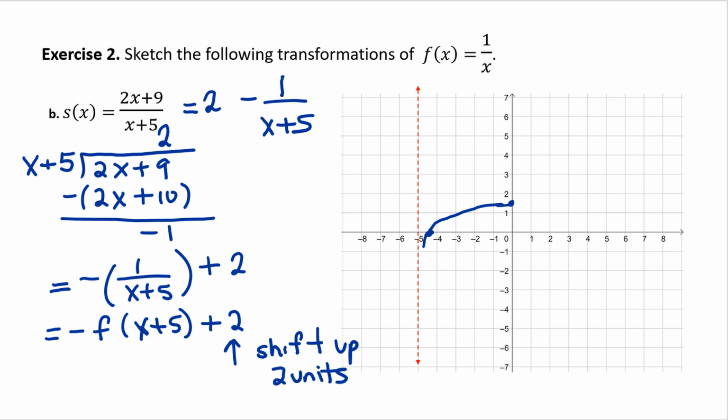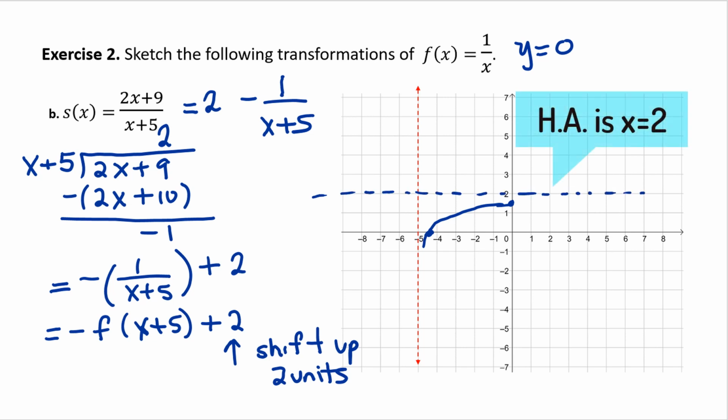So for the horizontal asymptote, for the function f of x equals 1 over x, remember the horizontal asymptote was the x-axis, so that was y equals 0. The shift up 2 means we take that horizontal asymptote, move it up 2 units, and actually we have a sufficient guideline to draw the graph.